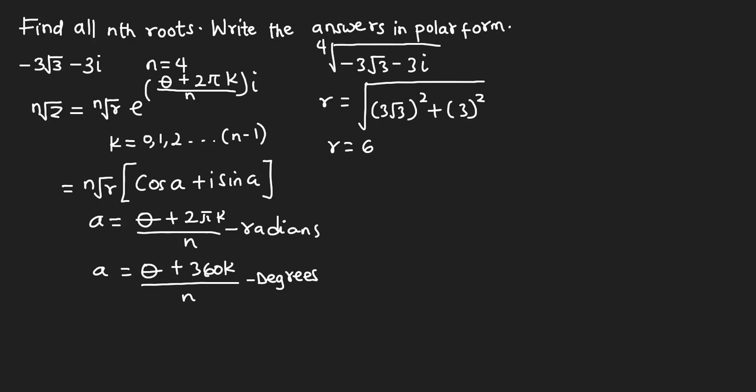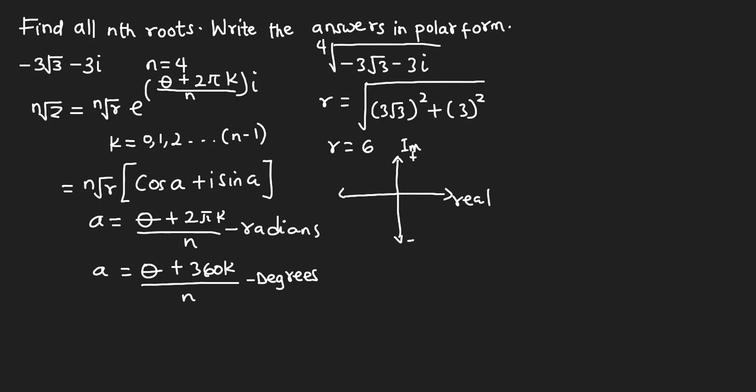Theta. To find the argument, first of all, let's plot the given complex number. This is my real axis, and then this is my imaginary axis. In plotting this, you know that this is going to be negative.